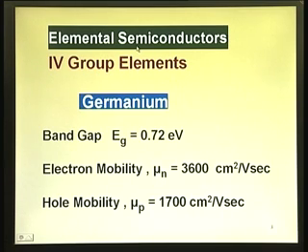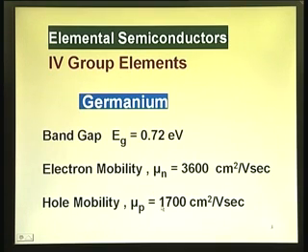The moment you said semiconductor in the 1950s, they would say it is germanium, which belongs to the fourth group of the periodic table, and it has a band gap of 0.72 electron volts. I am reiterating what we have said earlier just for completing the discussion. Then electron mobility of 3600 centimeter square per volt second looks very good. In fact, you will see it is better than silicon.